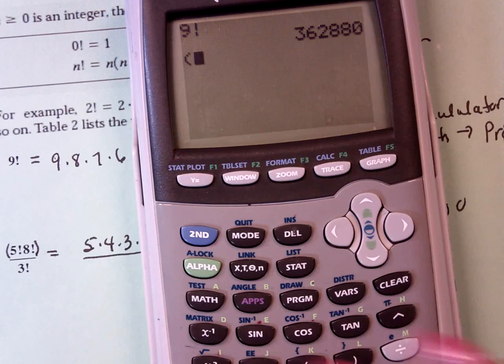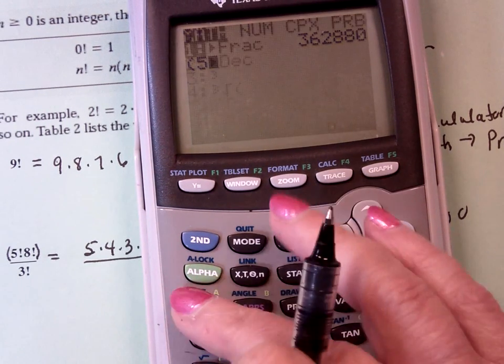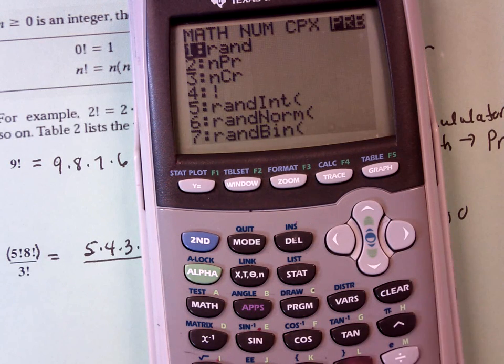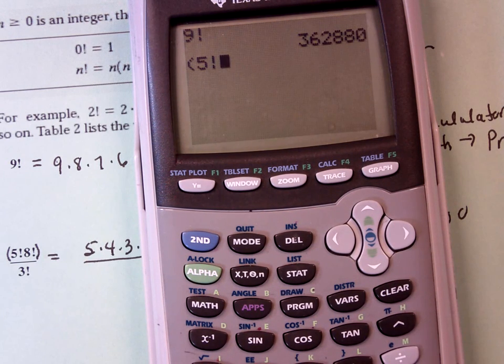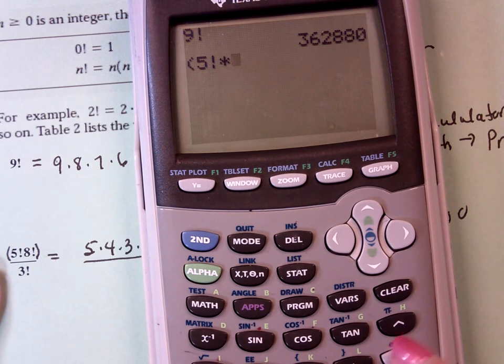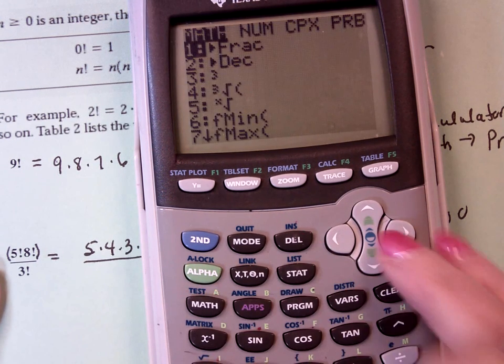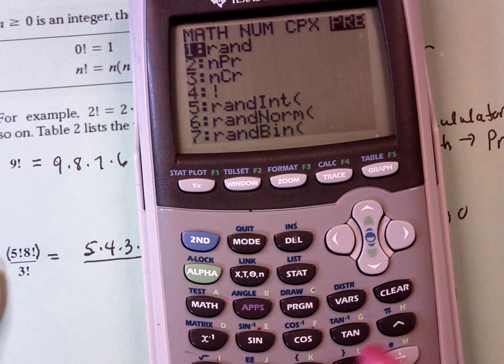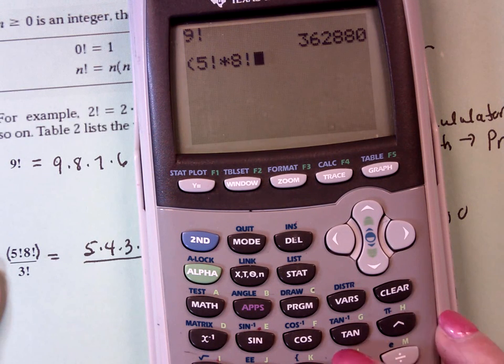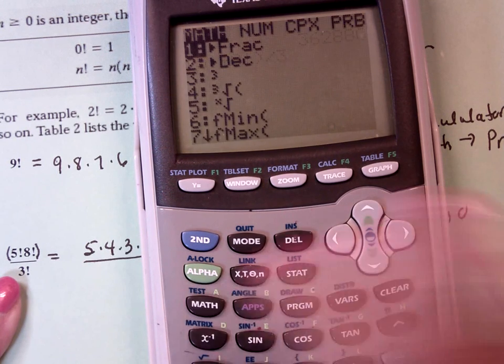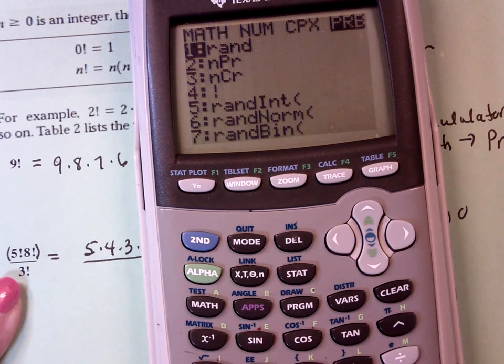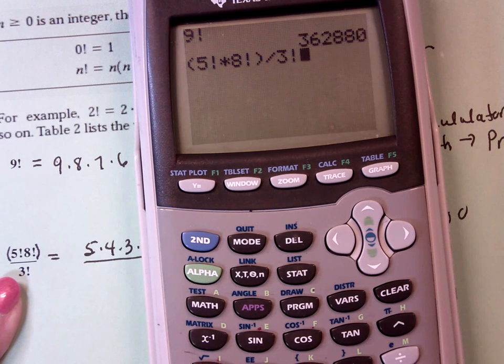So, parenthesis 5, Math probability 4 times 8 Math probability 4, divided by 3 Math probability 4. And so there is 5 factorial times 8 factorial divided by 3 factorial. And then there it is, 806,400.